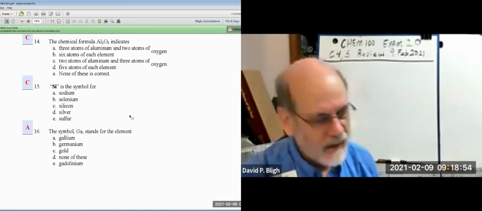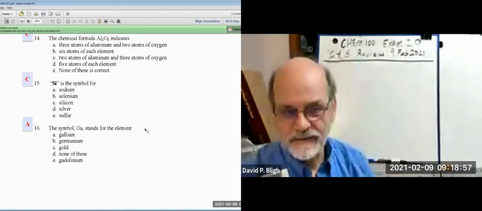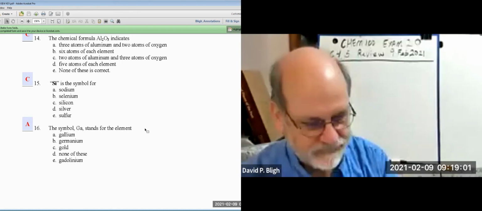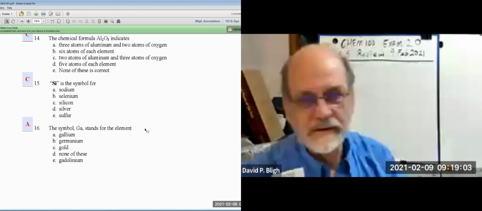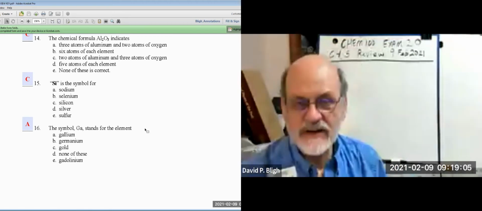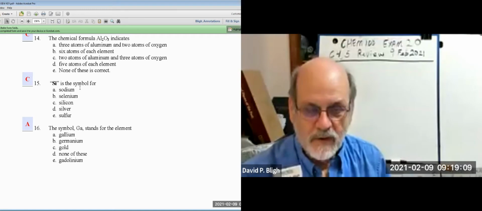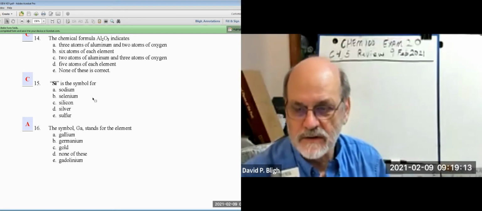Let's see, 15, yeah. Si. That's the symbol for what? It's the foundation element for our semiconductor industry. Without that one, you wouldn't have cell phones, televisions, computers, any of that neat electronic stuff.